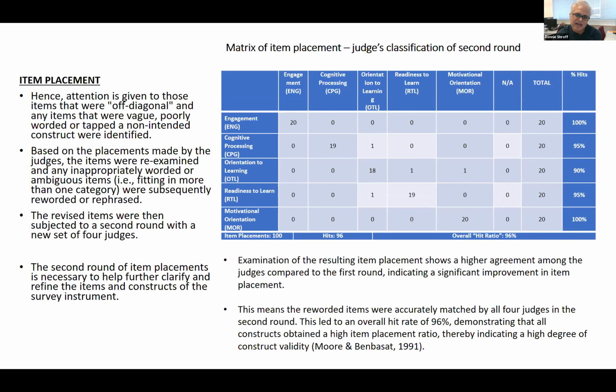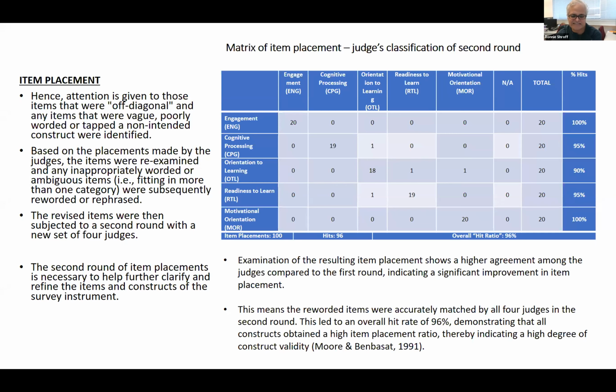So for example, if your item placement or overall hit ratio is low, then you might want to conduct another round until you ascertain a level of agreement within the judges, so your overall hit ratio goes up. This means the reworded items are actually matched by all 4 judges in the second round. So this basically led to an overall hit ratio of 96%.